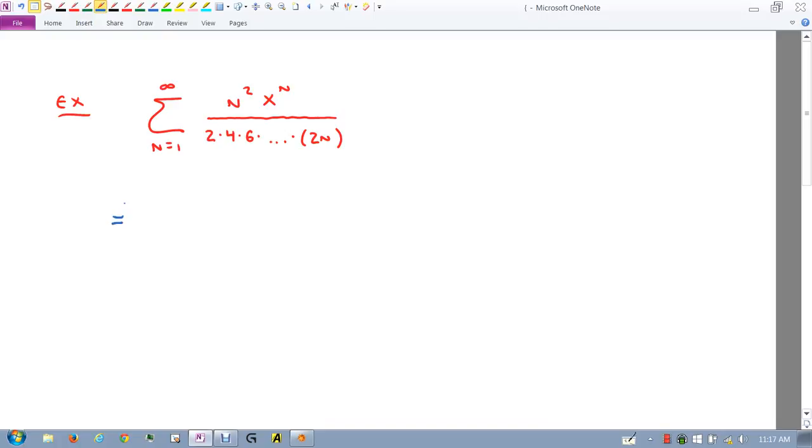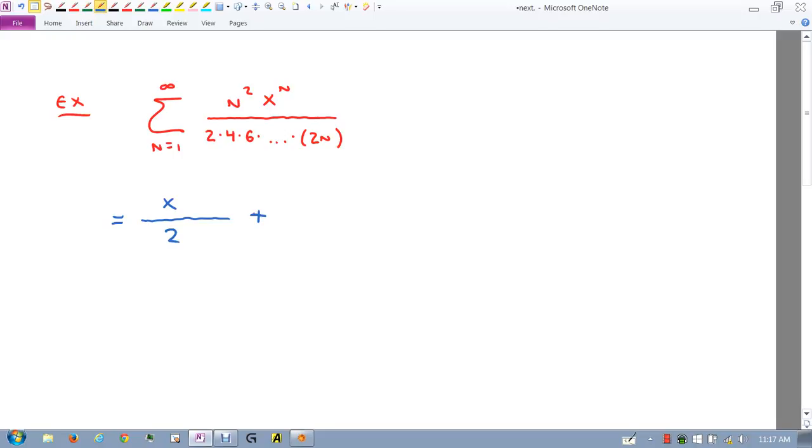Replace n with 1, and what would you have? On top you'd have x. On the bottom you'd have 2 times 4 times 6, but you actually are supposed to stop when you get to 2n. And what was n? It was 1, so you would just go 2 and stop.